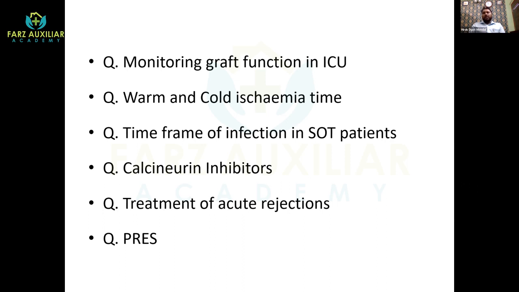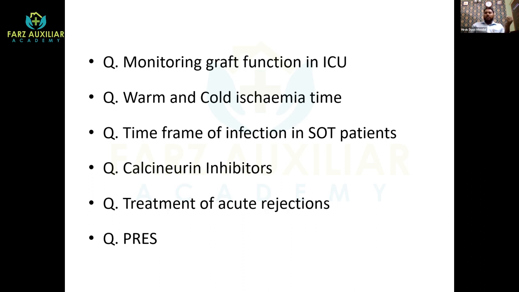Cold ischemia time is when you have put your graft into the cold solution, using your transport media and shifting that graft into the recipient's body, and then you are warming that graft.